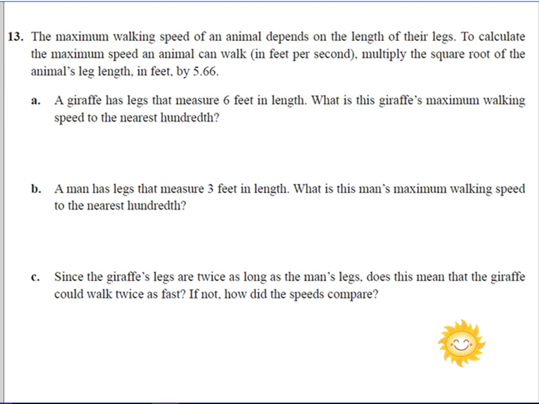So the first one, we have a 6 feet length leg of a giraffe, and so we're supposed to take that leg length and square root it and multiply that answer by 5.66. And to the nearest hundredth is 2 decimal places, so the square root of 6 times 5.66 gives us approximately 13.86, and that's feet per second.